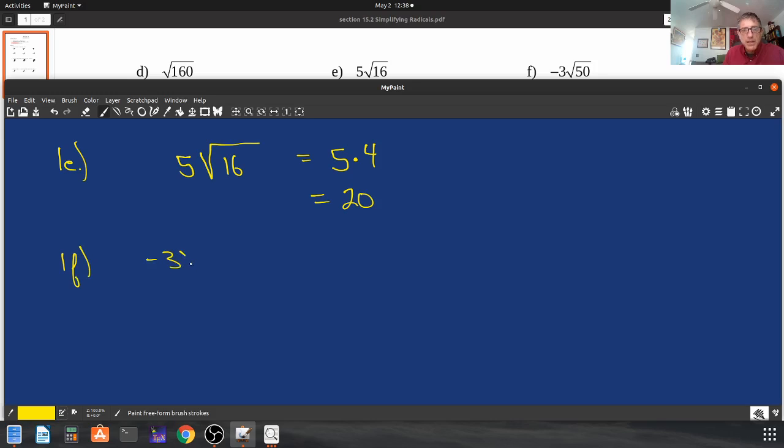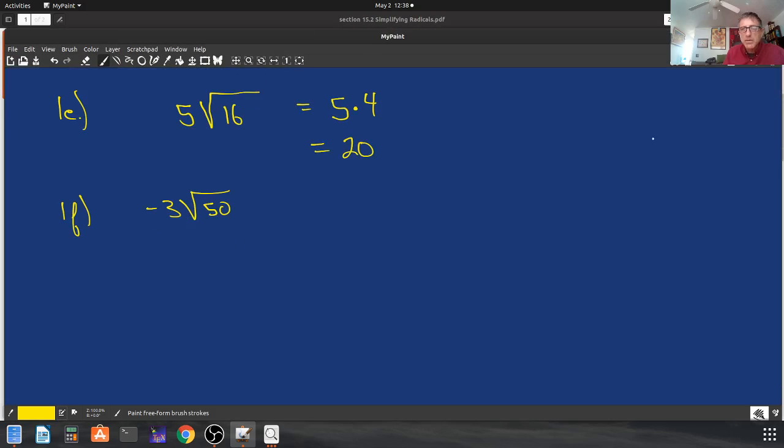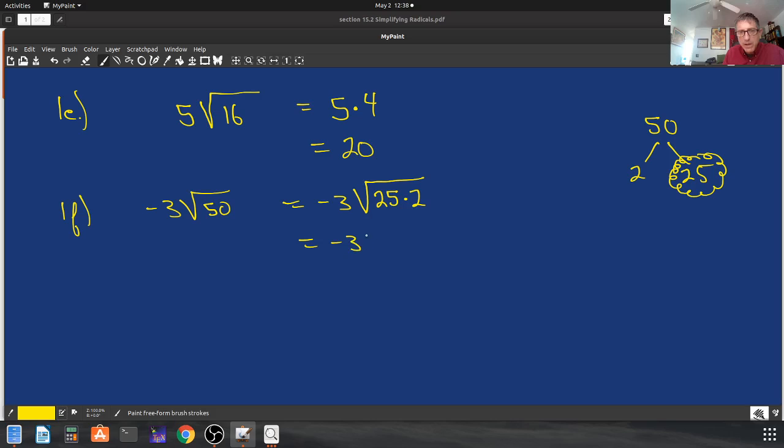And 1f: minus 3 times the square root of 50. Let's come over here and start looking at 50. Well, I know 50 is divisible by 2, and 2 times 25 is 50. Oh, wait. 25 is a perfect square. 25 is 5 times 5. So this is equal to minus 3 times, we put our perfect square term first, 25 times 2, which is equal to minus 3.